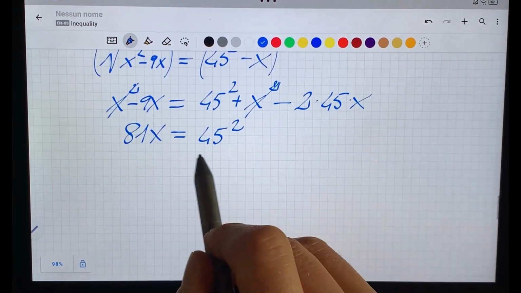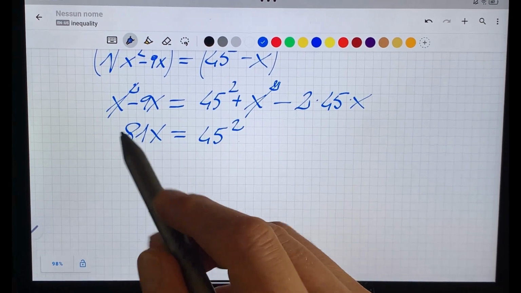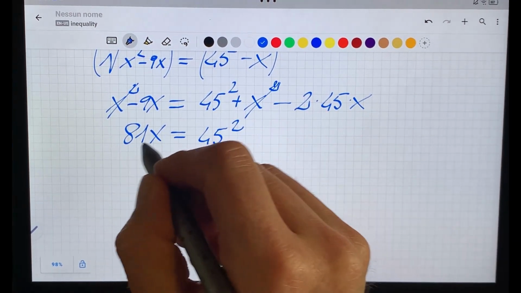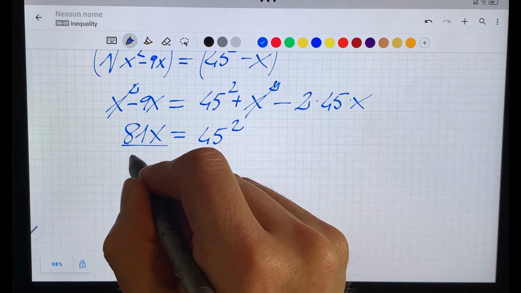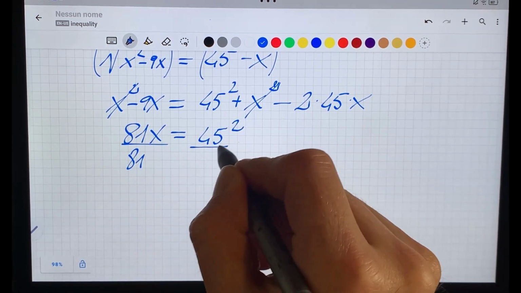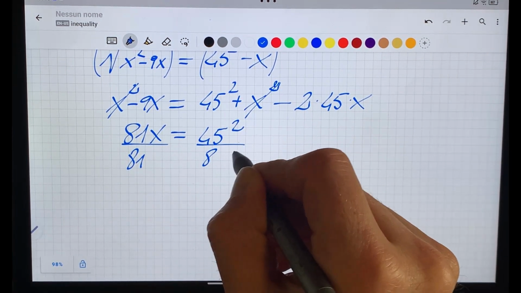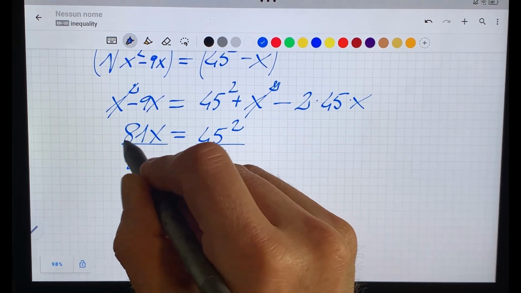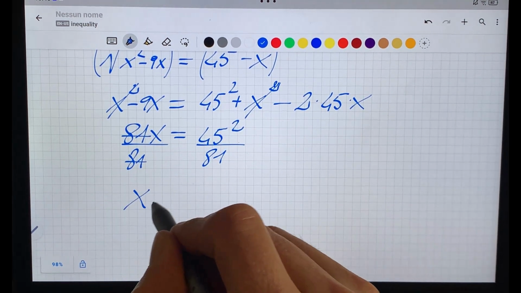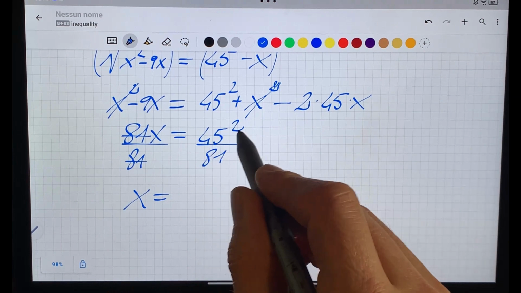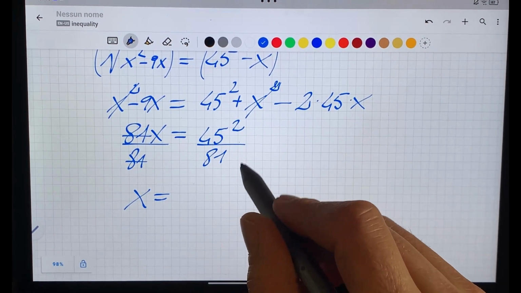Now, I will leave 45 squared like that, because when I divide the left hand side and the right hand side, x is equal to 45 to the power of 2 over 81.